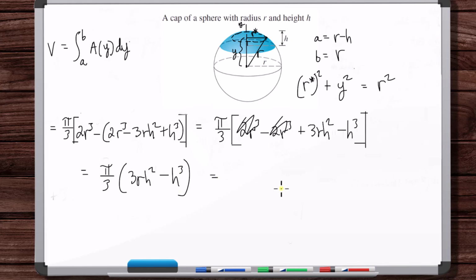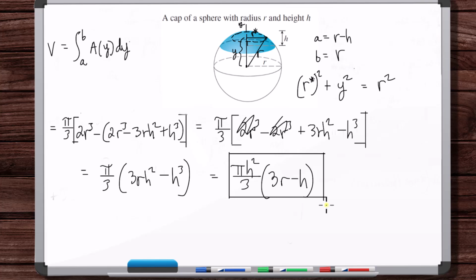And so we can factor out an h squared, and there you go. That is the volume of this piece of the cap of the sphere.